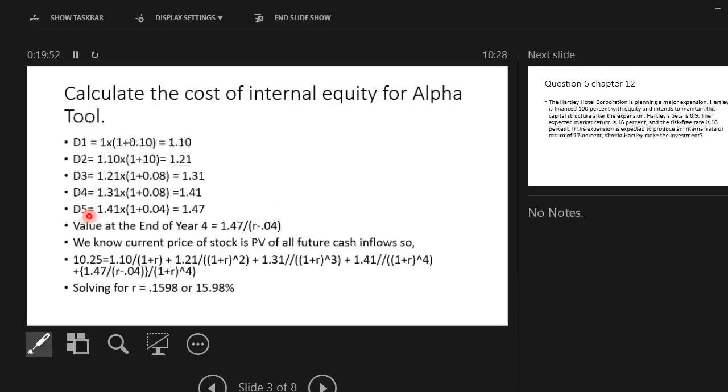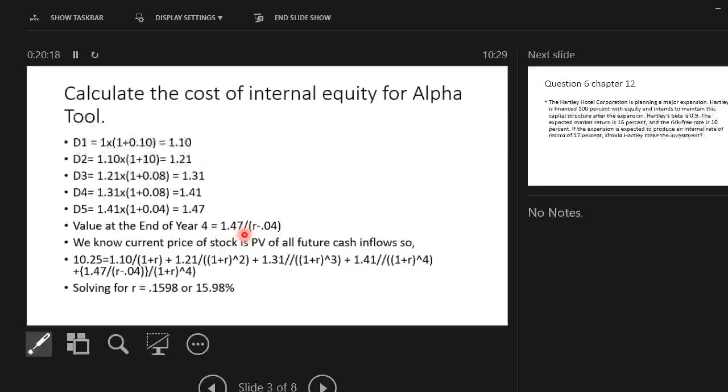So we go to D5, remember what we do with the terminal value, 1.41, which is the latest, multiplied by the growth of 0.04, and we got 1.47, right? So we have the value at the end of year 4 is equal to 1.47.